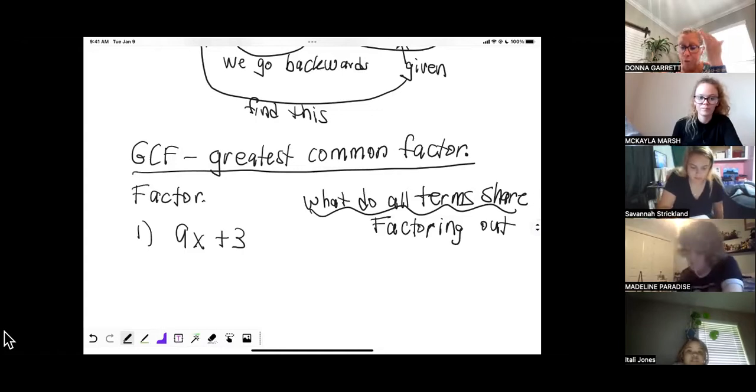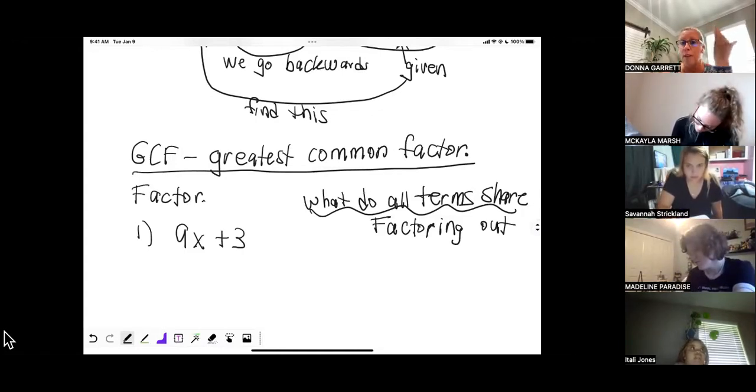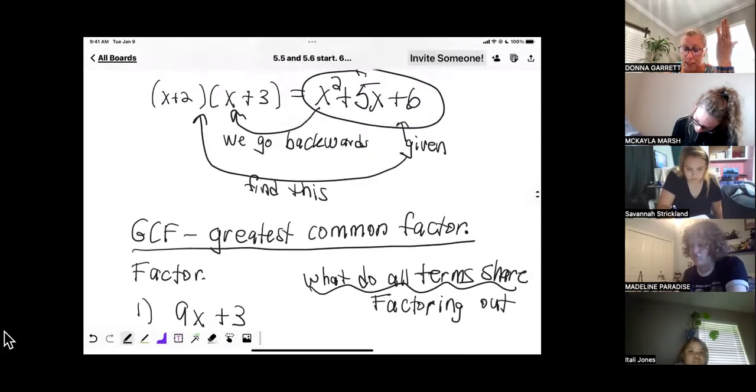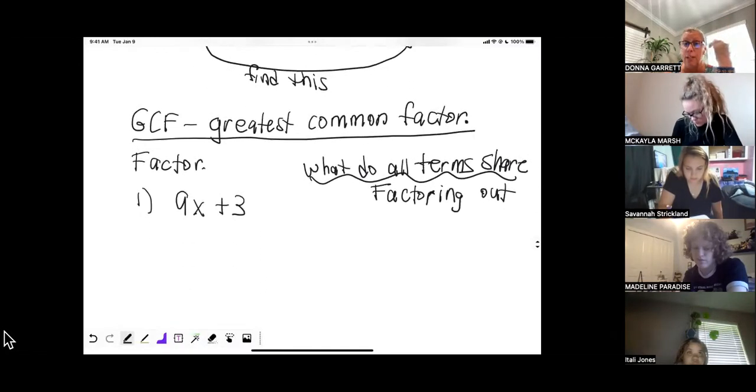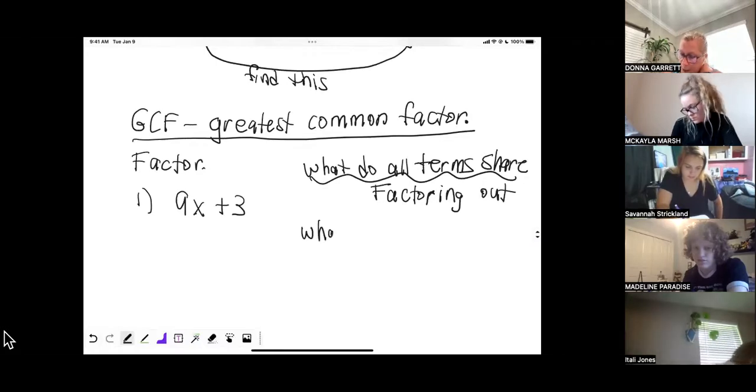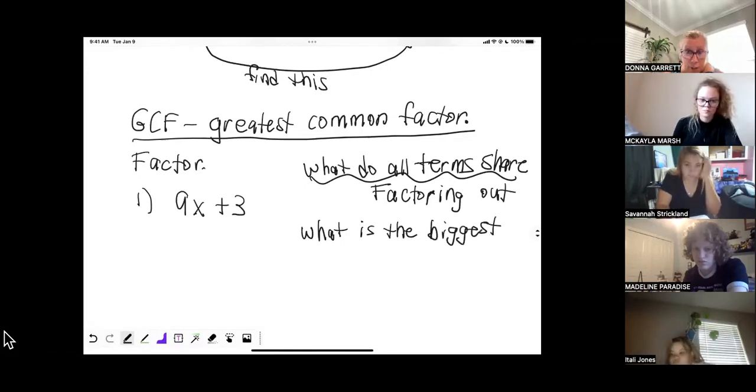When we had it in parentheses form, we multiplied. So if I go back here for a second, we took this and we multiplied. So it's almost like opposite. It's what can I divide all my terms by? What is the biggest, that's the greatest common factor thing.